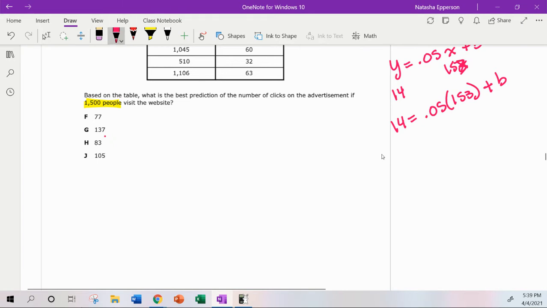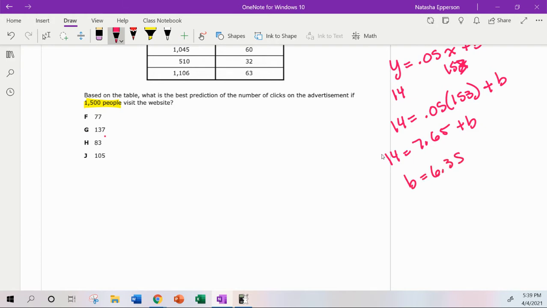Then 0.05 times 153 gives me 7.65 plus b. 14 minus 7.65 gives me b equals 6.35. So my equation is going to be y equals 0.05x plus 6.35.